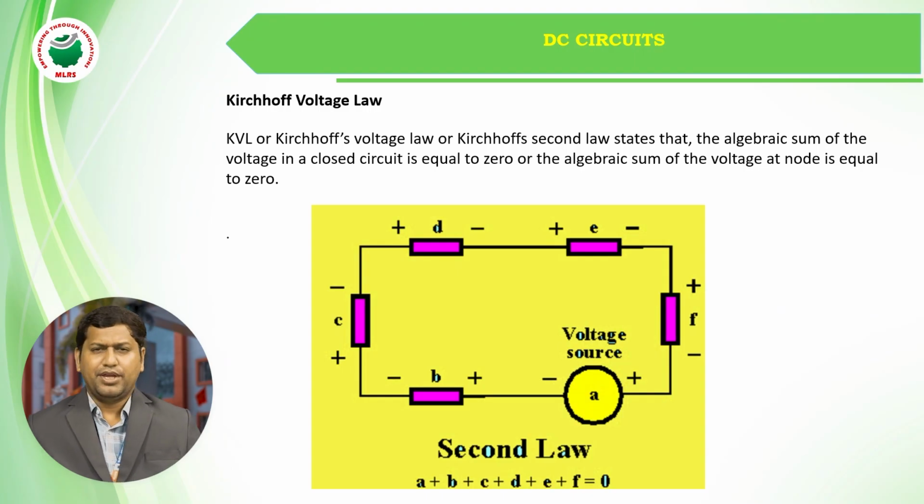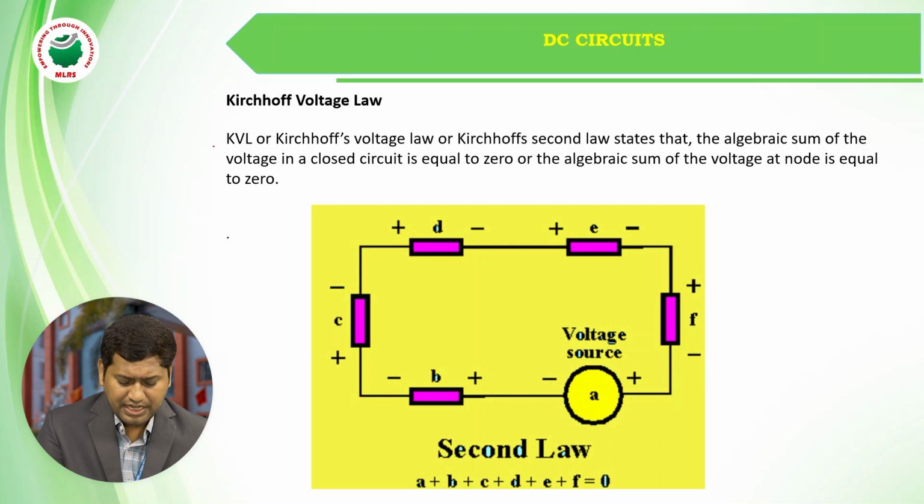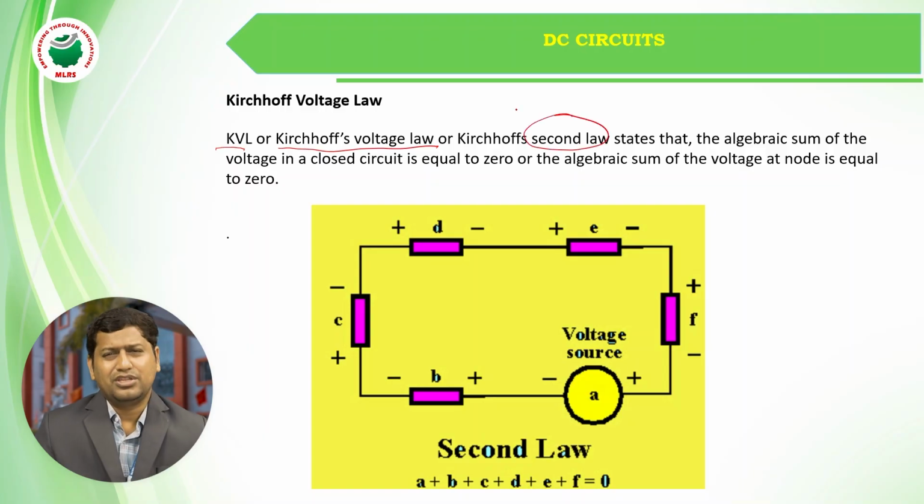Next, we are going with Kirchhoff voltage law. Kirchhoff voltage law purely deals with the voltage. KVL is the short form of Kirchhoff voltage law, and this we also call the second law. The first law is the Kirchhoff current law. The second law is Kirchhoff voltage law.